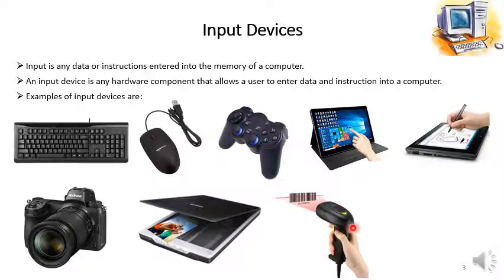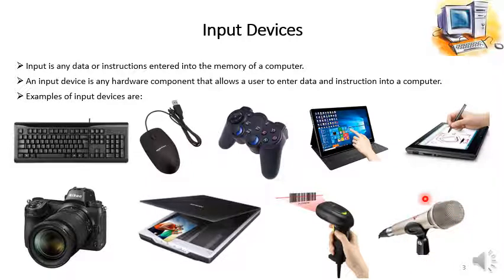These barcode readers are used to read out the barcodes printed on each and every product, which contain their information: the price of the product, the serial number, and the manufacturer. Each and every piece of information is printed in the barcode, and this device is used to extract that information from the barcode. That's why it is called a barcode reader.